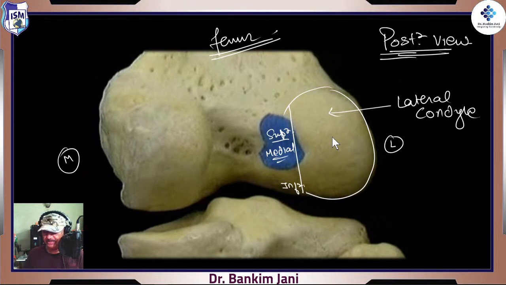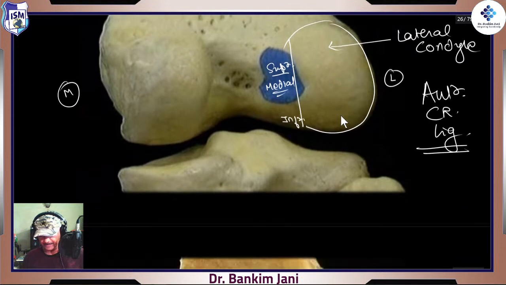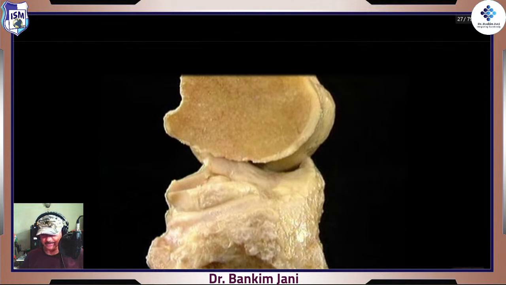You speak, you read, so then it will become part and parcel of your brain. So reflexively you will speak it like that. Okay, and just to avoid any confusion, we are dealing with anterior cruciate ligament, correct? Okay, moving further.